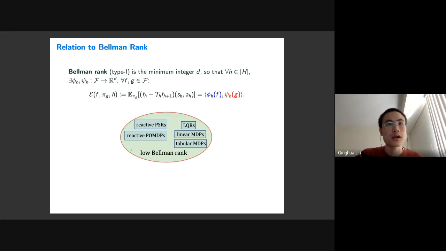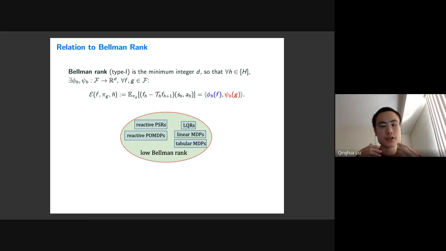For example, the type 2 Bellman rank includes reactive PSRs and reactive POMDPs, but the type 1 Bellman rank does not include these two examples. On the other hand, the type 1 Bellman rank includes linear MDPs, but the type 2 does not. So when we talk about the low Bellman rank class, we actually mean the union of type 1 and type 2.